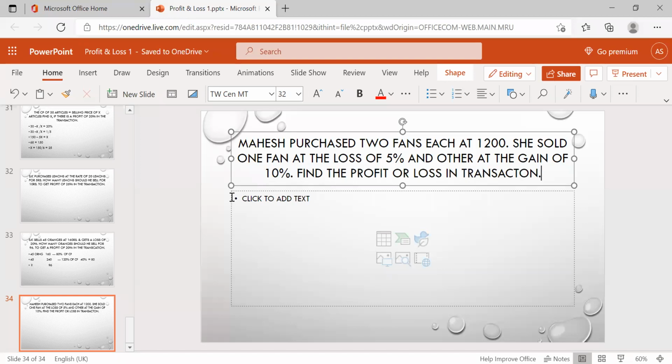Okay, this is your homework one. So just do it, and if you have any doubts, we'll discuss later. And tomorrow we'll start a new topic. Okay. So Mahesh purchased 2 fans at 1200 rupees. He sold one fan at a loss of 5%, another at a gain of 10%, and find the profit or loss in the transaction.